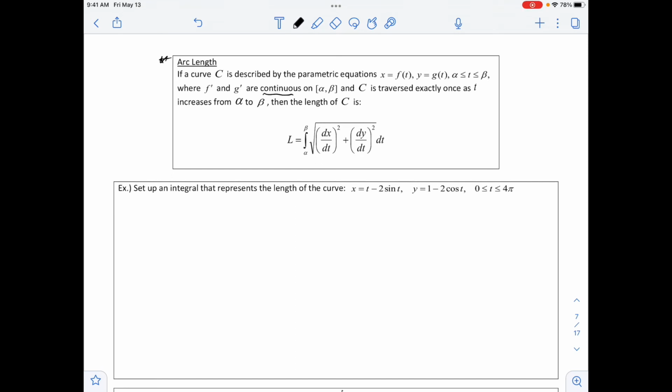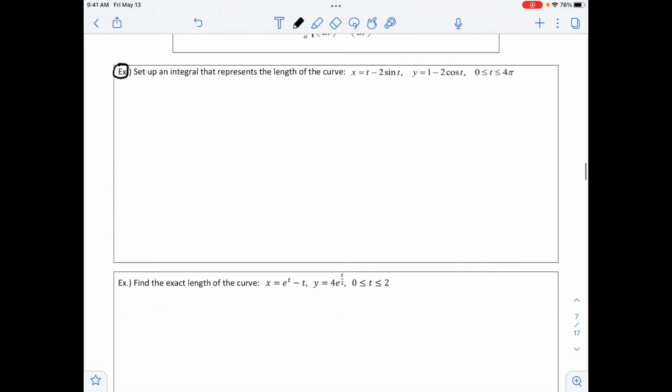So this will be the integral from alpha to beta of the square root of (dx/dt) squared plus (dy/dt) squared dt. So the first example I'm going to go ahead and circle, and we'll look at that one together in class.